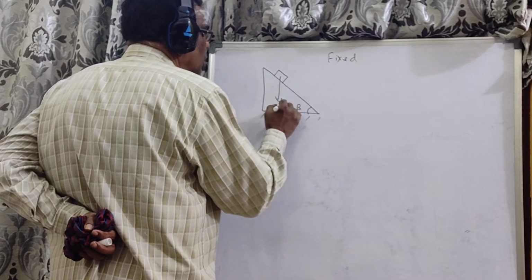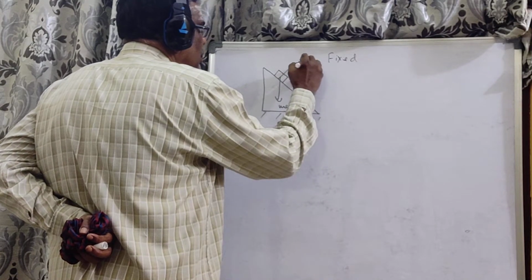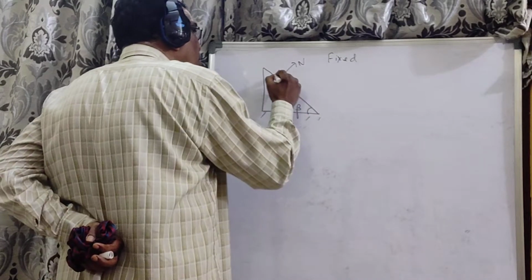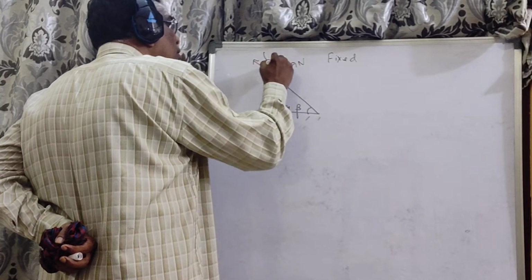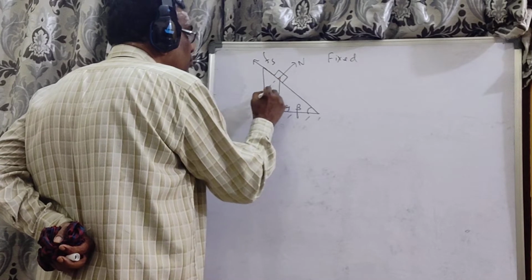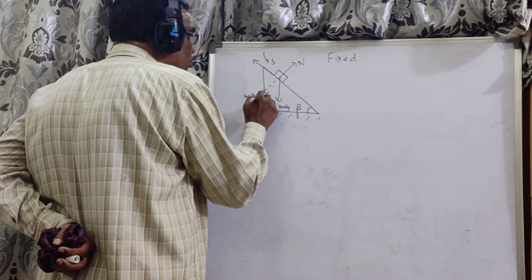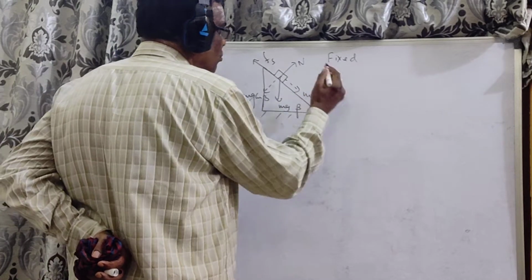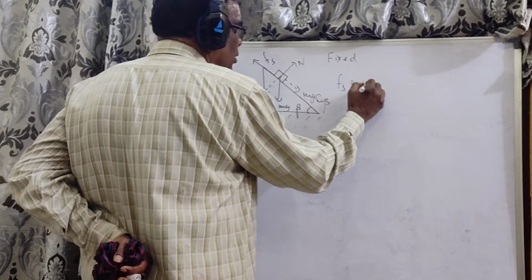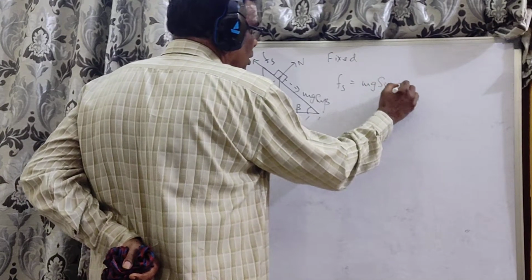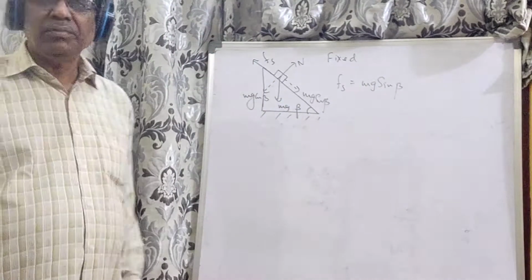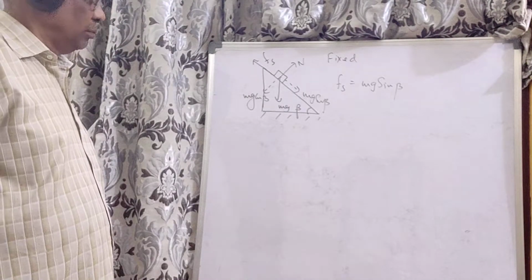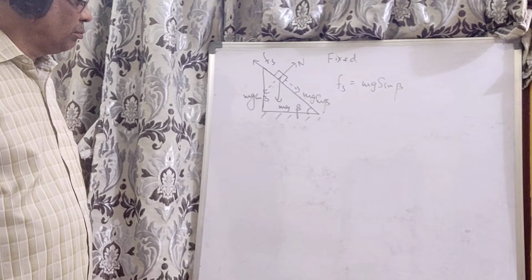So, mg, N, tendency is to move down, therefore, Fs. So, Fs is equal to mg sin beta. Okay?